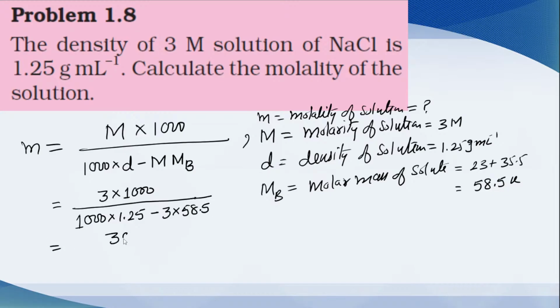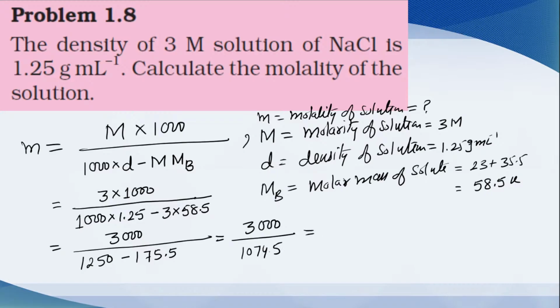So it is 3000 over (1250 minus 175.5), 3000 over 1074.5. So it is 2.79 mole per kg.